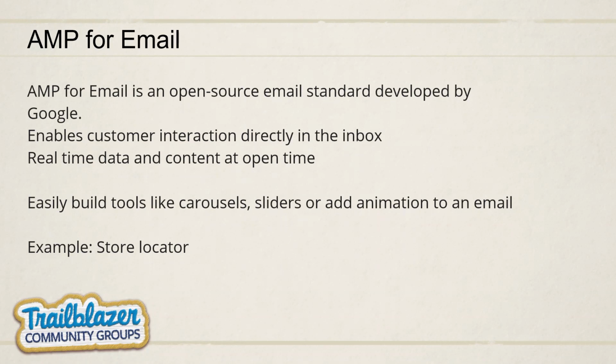Including a carousel helps them. If they're interested, they'll just scroll through and get more information. If not, they can just scroll down and get the other information that they need.